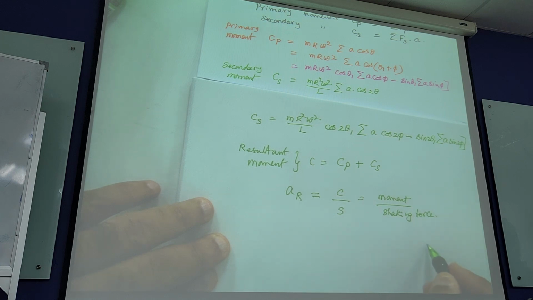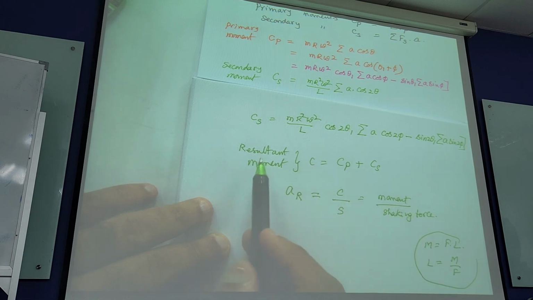If you recall, moment M is nothing but F into L, the force and the perpendicular distance. Here this L is the perpendicular distance to the resultant force. So M is the resultant moment C, and S is the shaking force. So this is basically the distance to the shaking force, where the resultant shaking force is acting on the inline engine.